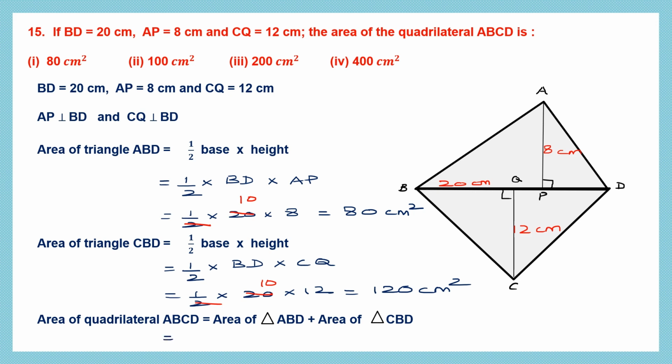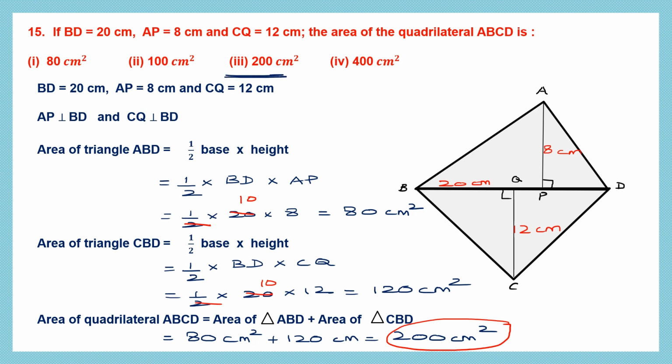That will be 80 centimeters square plus 120 centimeters square, and that will be equal to 200 centimeters square. So this is the area of the quadrilateral, 200 centimeters square, and that will be option 3, 200 centimeters square.